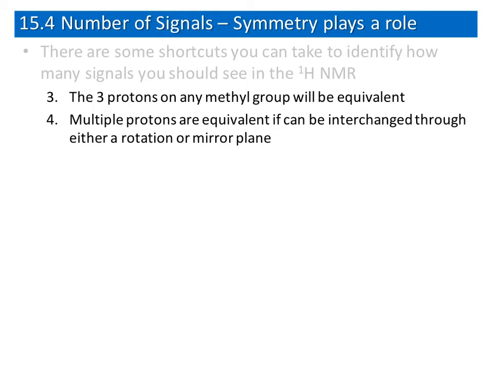In most cases, the three protons on a methyl group are equivalent, so we see one signal for all of the protons in the methyl. And also if we have a plane of symmetry in the molecule, the protons are equivalent. Now let's look at a few examples.